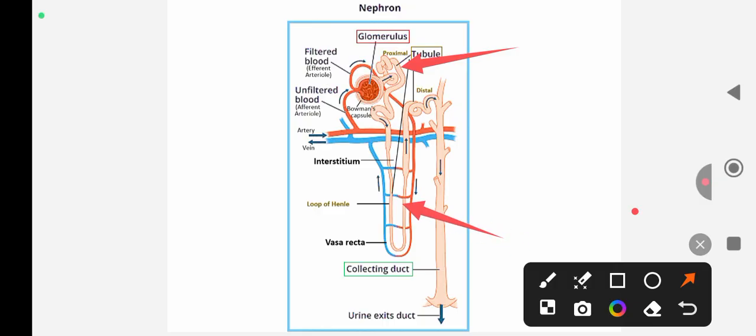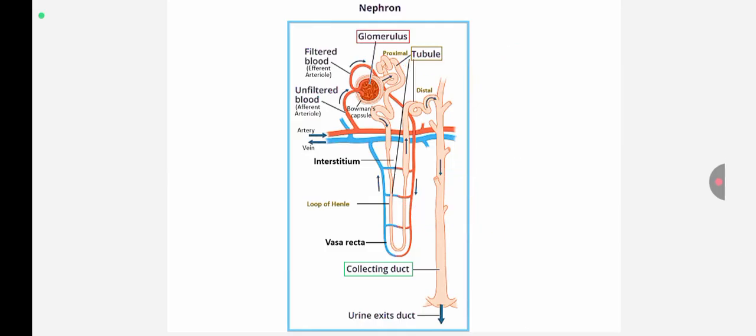This is the loop of Henle. This is the collecting duct. So that is basically how the nephron looks. We're moving on to the next.